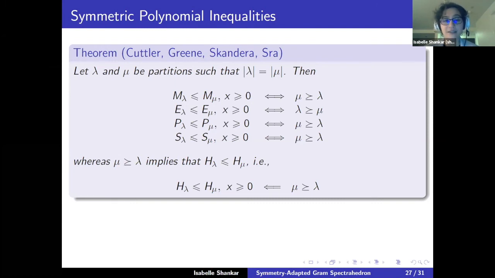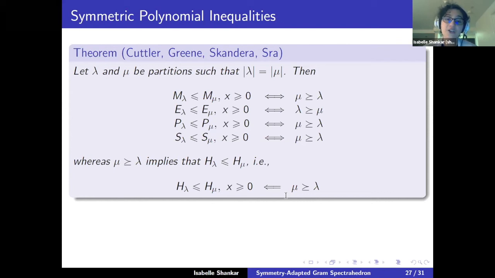There are similar statements for the elementary symmetric polynomials, power sum, and Schur, where one direction was proven by Cutler, Green, and Scandera, and the other direction by Sra. Cutler, Green, and Scandera were able to prove one direction for the homogeneous case, so that h lambda is less than or equal to h mu on the non-negative orthant only if mu dominates lambda.